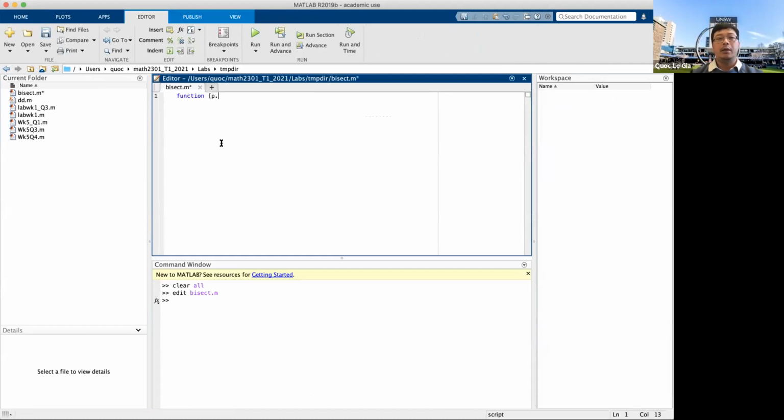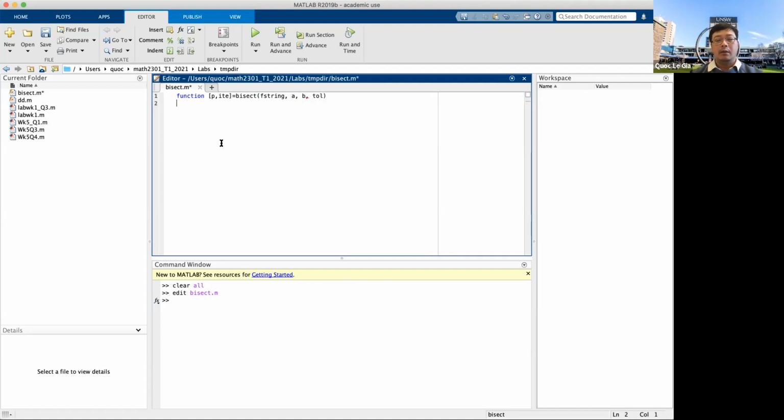So return p and return the iteration. Bisection takes in a function f, by f string, and a and b are two numbers, the left and right ends of the interval, and some tolerance.